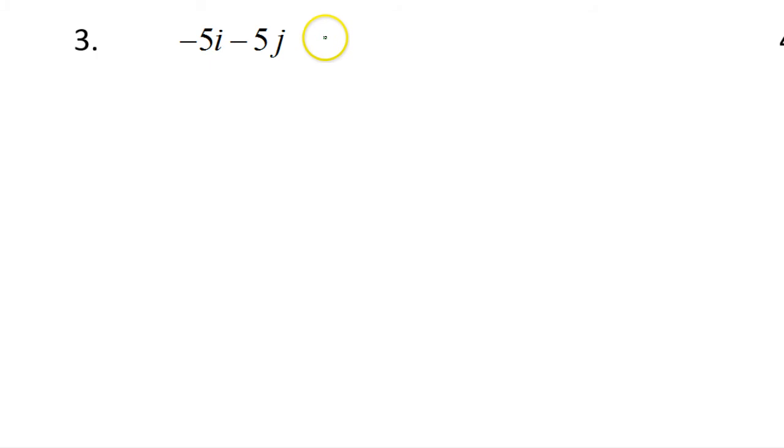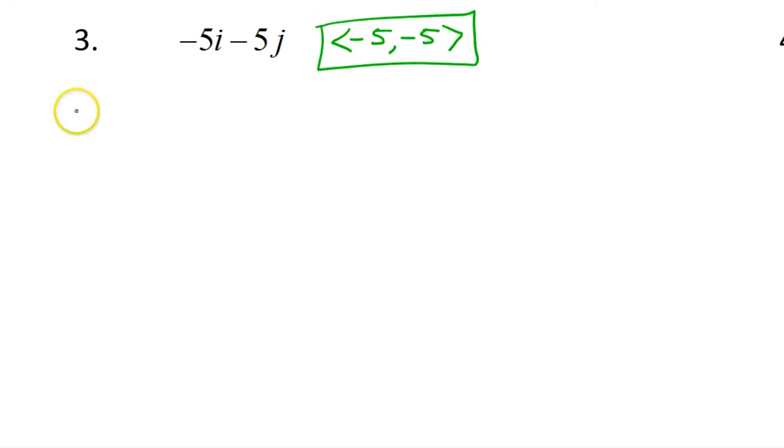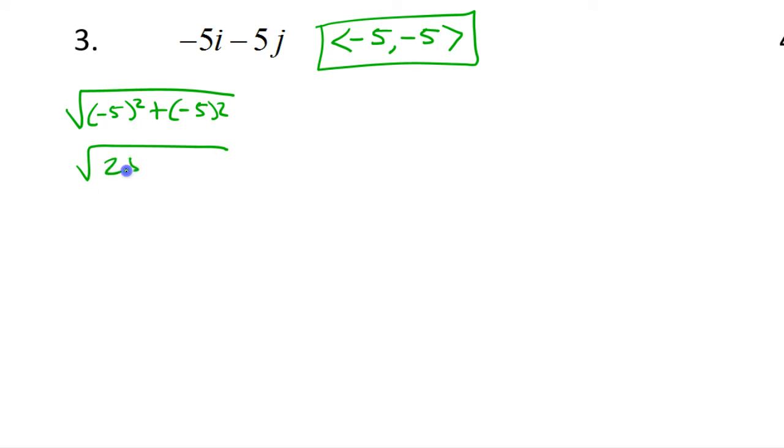For number 3, component form would be -5, -5. To find the magnitude, we will do the square root of -5 squared plus -5 squared. That is going to be the square root of 25 plus 25.